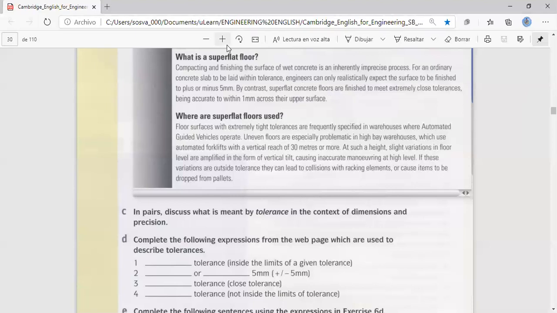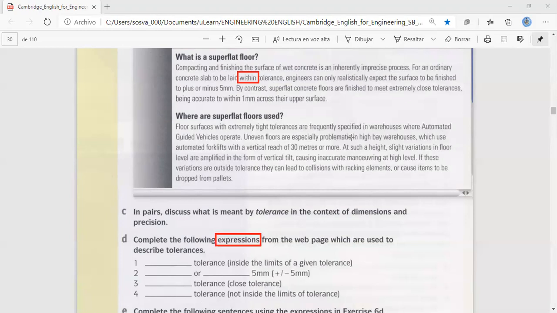No. In this case, we remember we're looking for expressions. The expression that refers to tolerance is a word that we have in here: within. Within is like a parenthesis, inside these parameters.